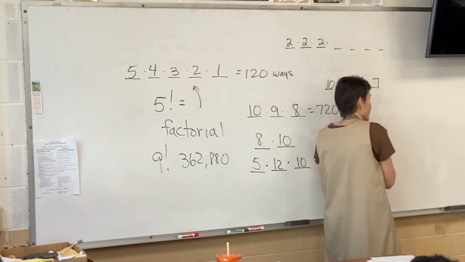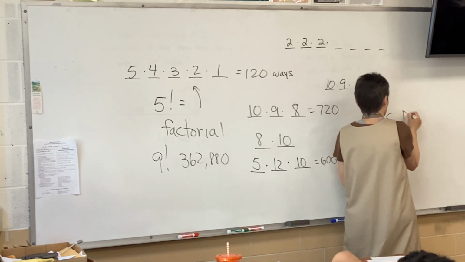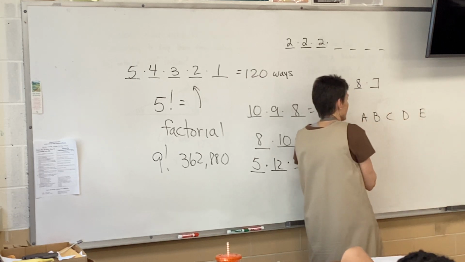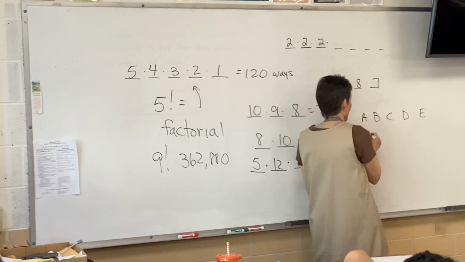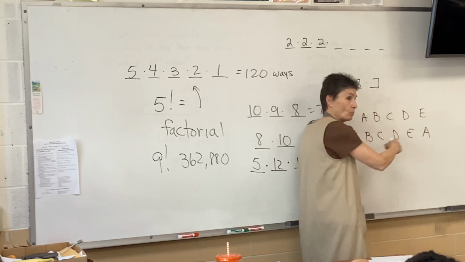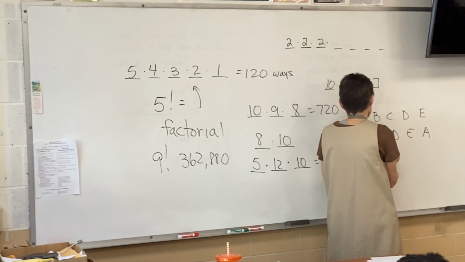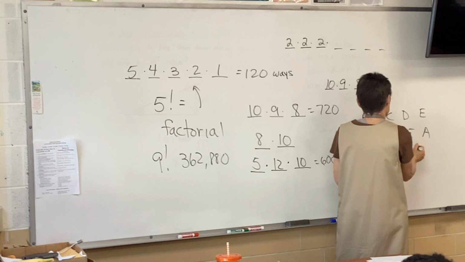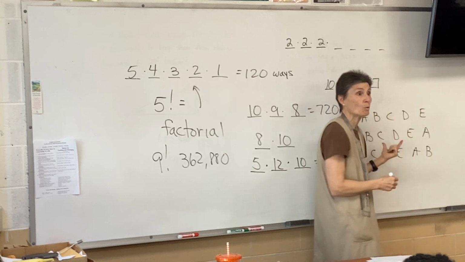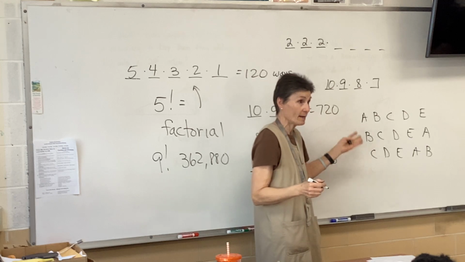When I put people in a row, let me just call them A, B, C, D. That would be one way to arrange them. Would that be another way to arrange them? Yeah. And there's lots and lots of ways to do it. There's 120 of them. I'm no way gonna write them all out, but there are some, okay?